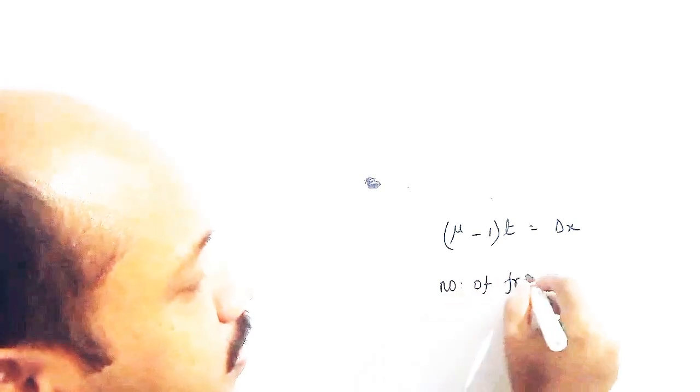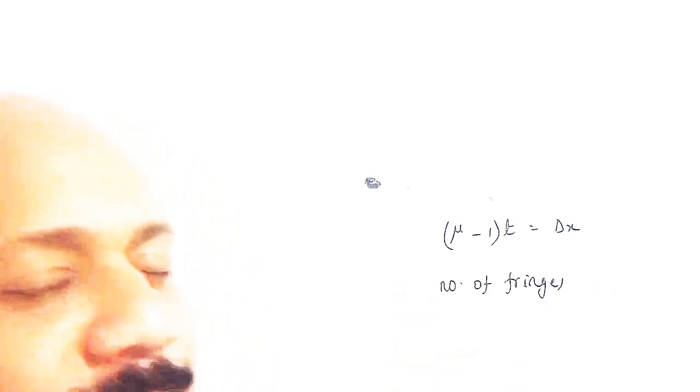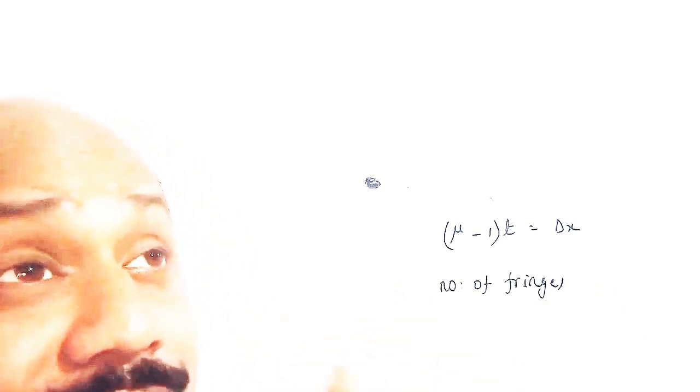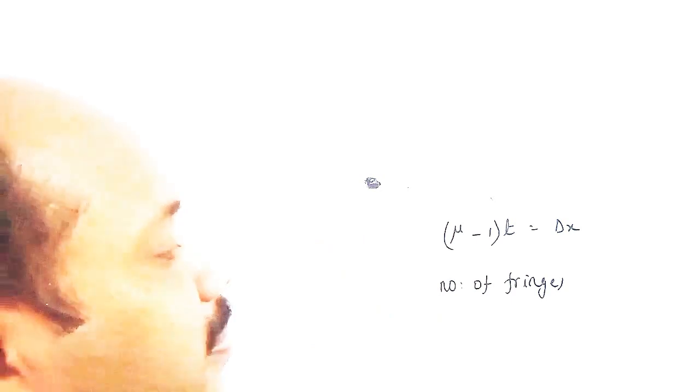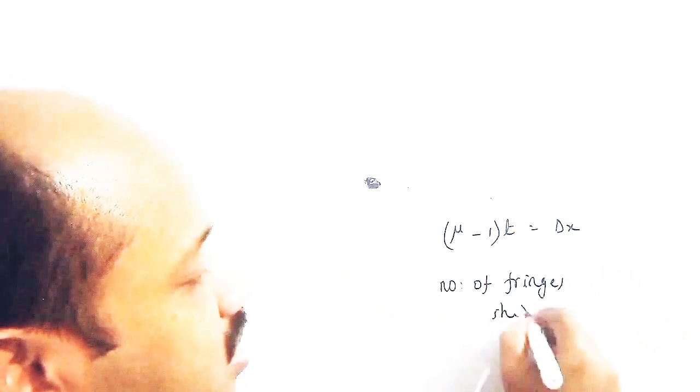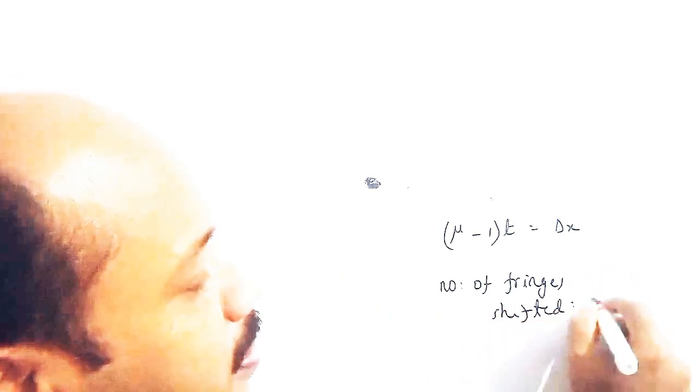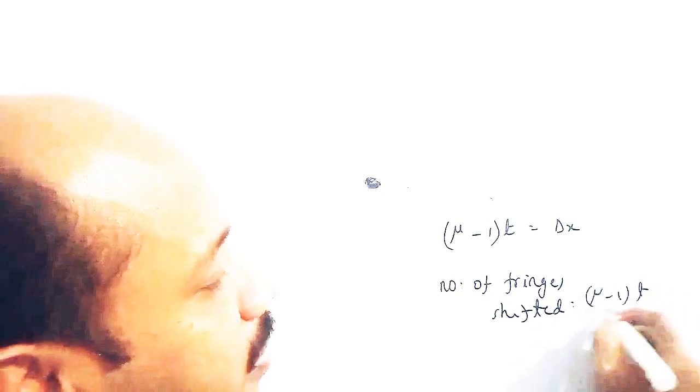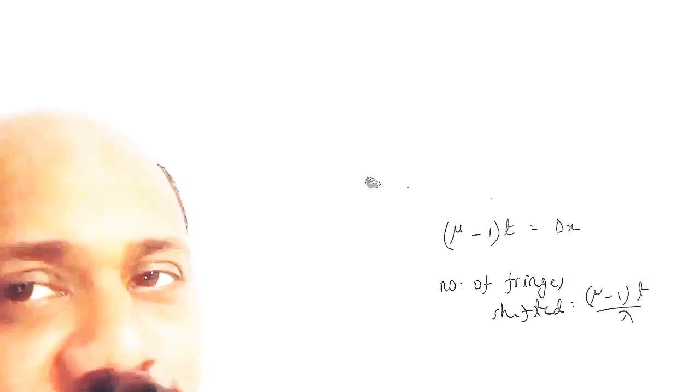When a transparent sheet is inserted in front of one of the slits, the number of fringes shifted is equal to mu minus 1 T divided by lambda. Right, these are the two equations you remember.